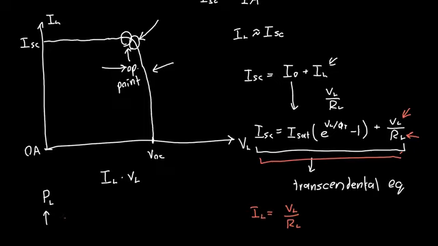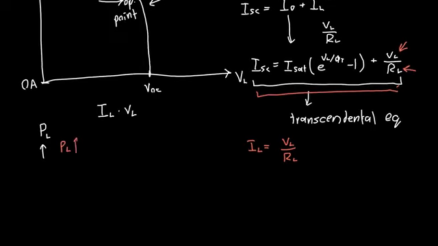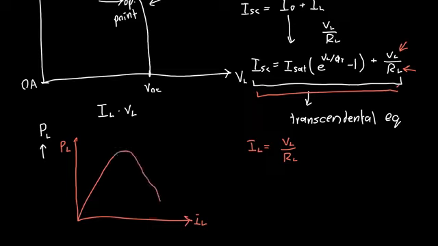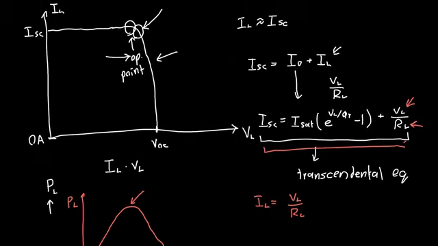You can plot the power as a function of the load current or the load voltage, and you'll get some local maximum, some load current value, let's call that IL max, where your power is maximized. That's just an exercise in numerical analysis at that point. It's just plotting stuff, but the intuitive picture is really the most important.